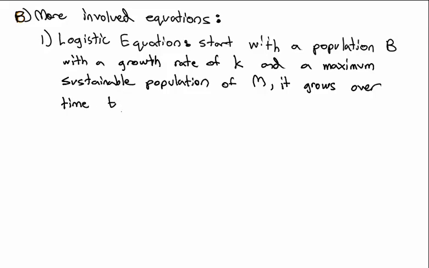We'll use T for time, using this function: Q of T is equal to M over 1 plus B e to the negative K T.